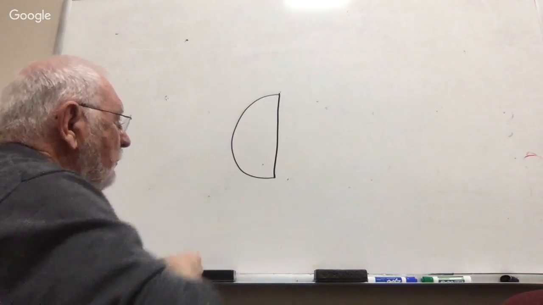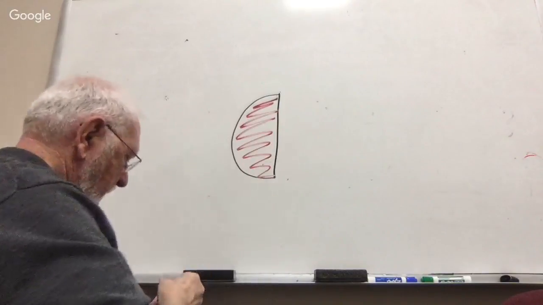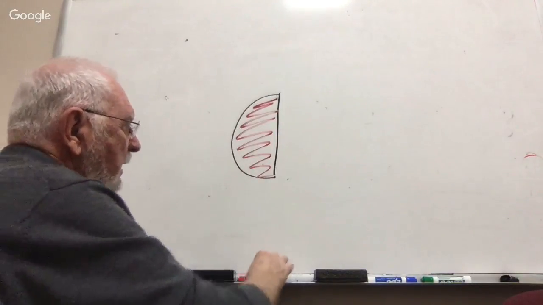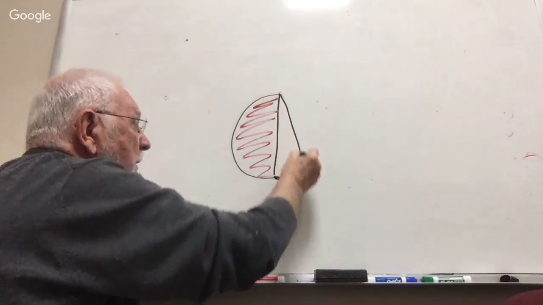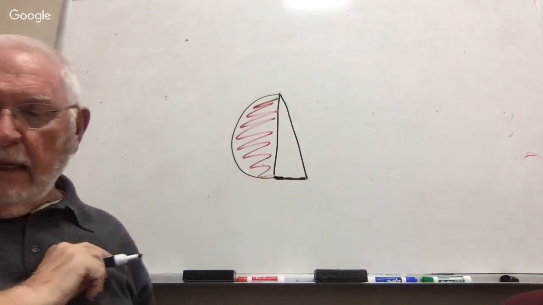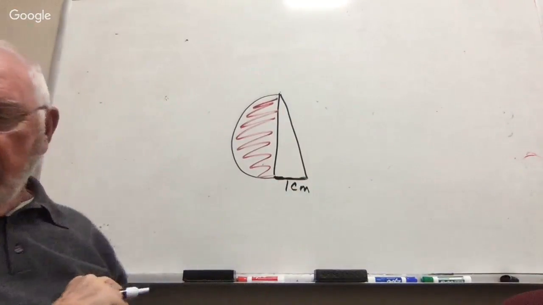Okay, so here we have a semicircle. And then added onto this semicircle, this is not a continuation of the circle, but it's a straight line. And there's a triangle that's out there. Now, this little segment of the triangle is 1 centimeter.